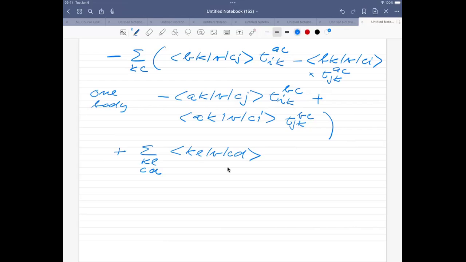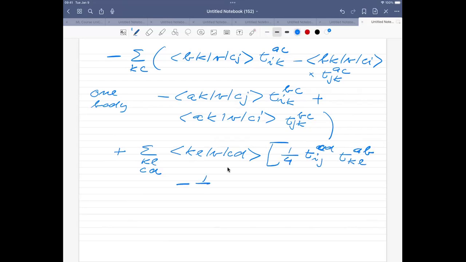And since I have two T2 operators, I'm going to get two T2 amplitudes. So I have T_kl^cd, sorry, this should be ab. That's one of the amplitudes.